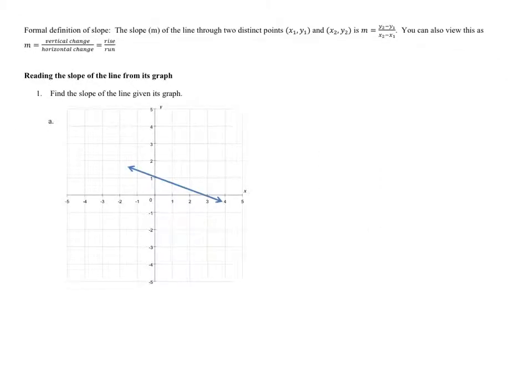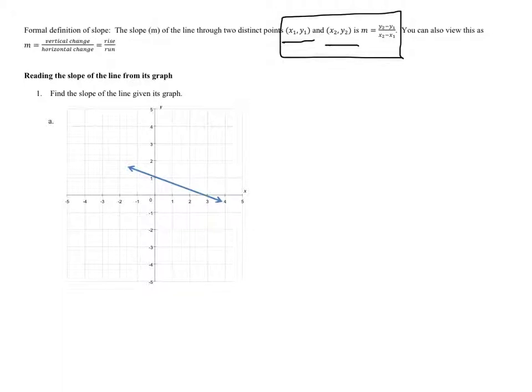Okay. So now let's talk about the formal definition of slope. Well, if you want to find the slope of a line through 2 different points, this is your go-to formula, and we'll use that in a minute, and I'll explain what the sub 2s and the sub 1s are in a minute. But you can also view slope as the vertical change over horizontal change.